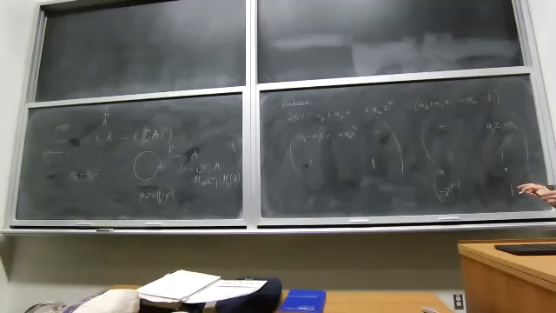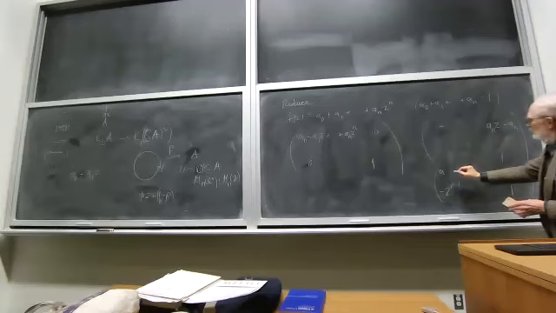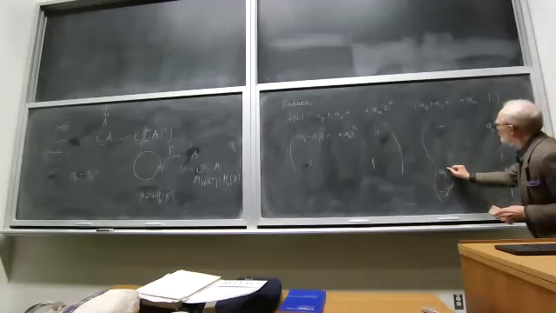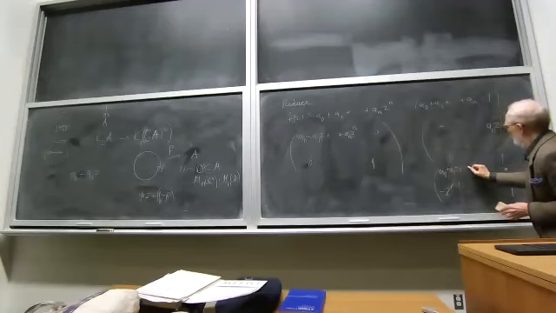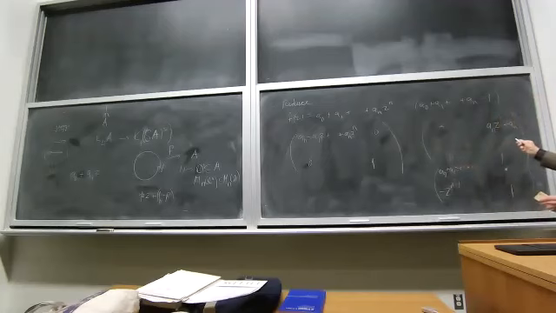On the other hand, the z to the n minus 1 term is going to be an times z to the n minus 1.